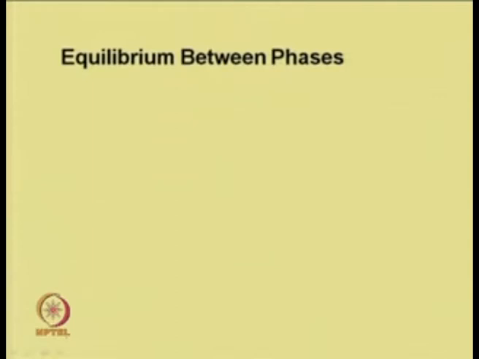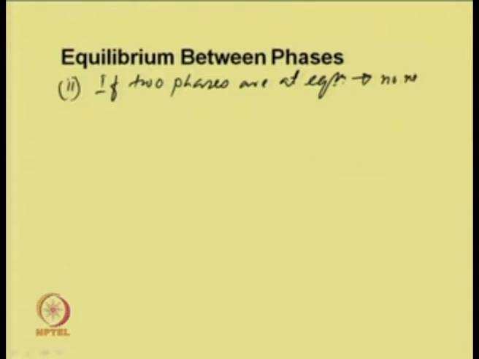Another important thing that can be drawn from the equilibrium curve is that if two phases are at equilibrium, there is no net transfer of solute among the phases.